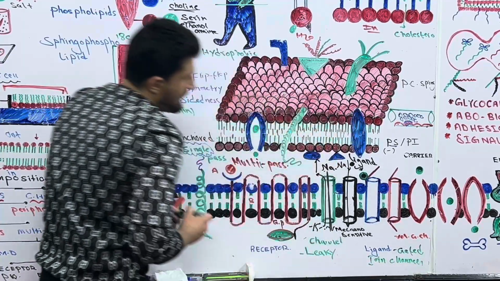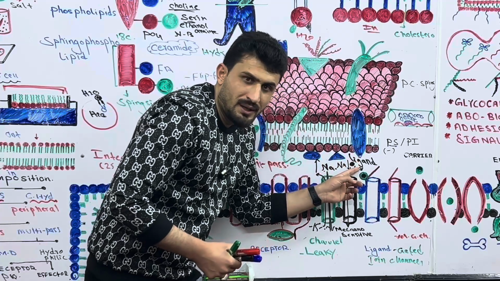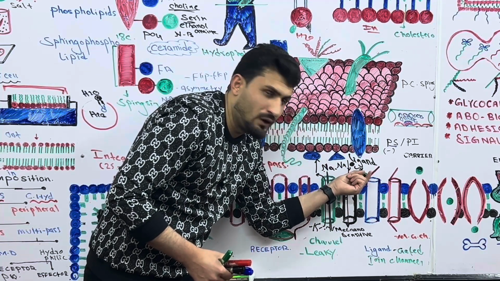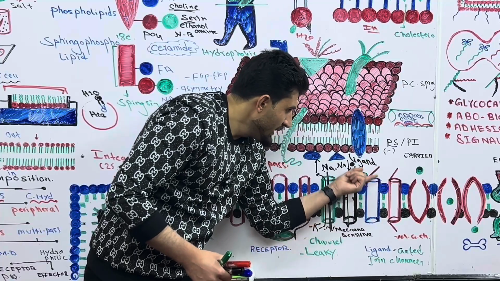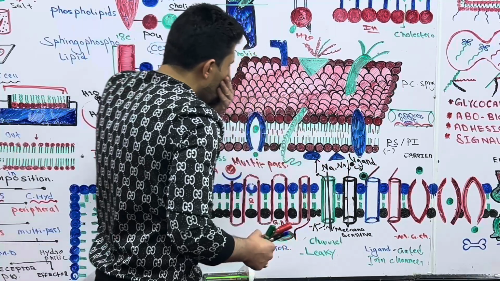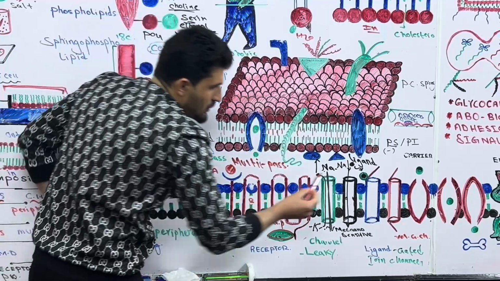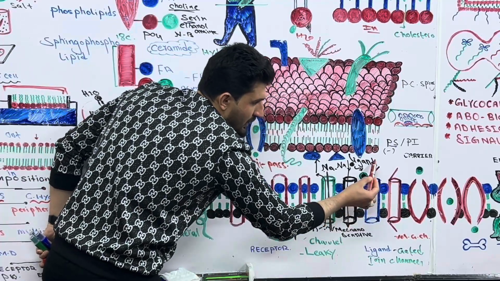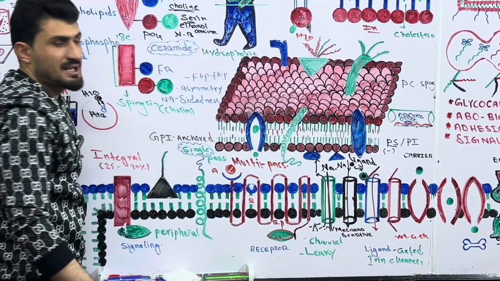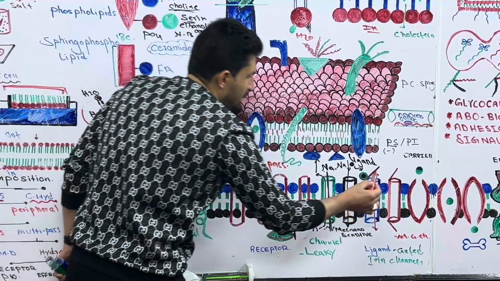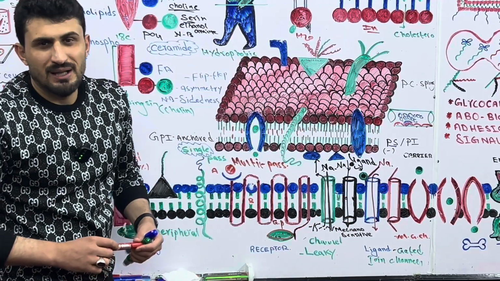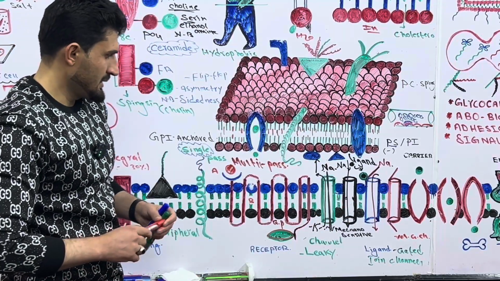It means a substance will come and it will bind to a specific portion or region of this channel, and this channel will be opened by this ligand. Now due to this ligand, this channel will be opened, and it is permeable to a specific ion, and a specific ion will move from high concentration gradient to the low concentration gradient.